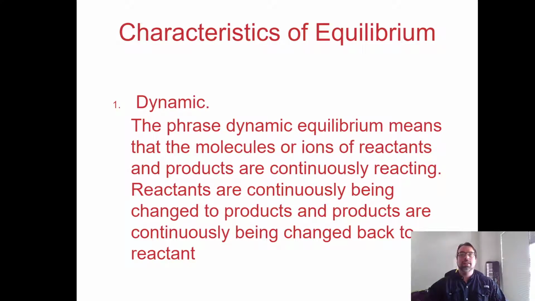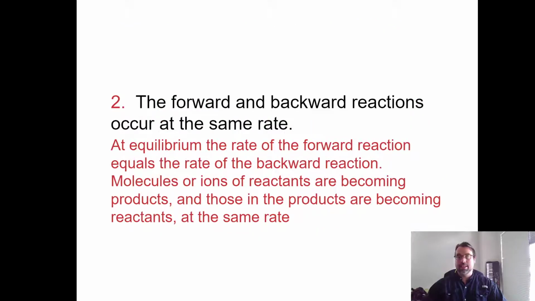It's just that the particles being depleted are being replaced at the same rate that they're being depleted, all right? So that's the first thing, that they're dynamic, okay? Second, during equilibrium, the forward and backwards reactions are occurring at the same rate, okay?